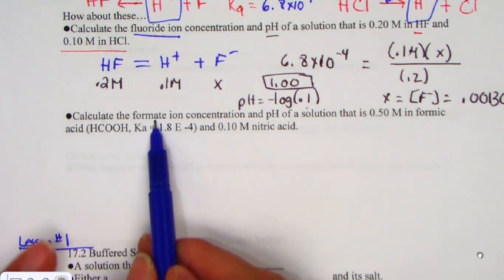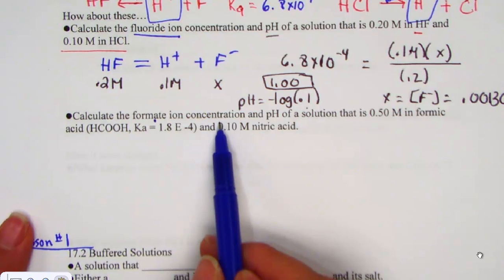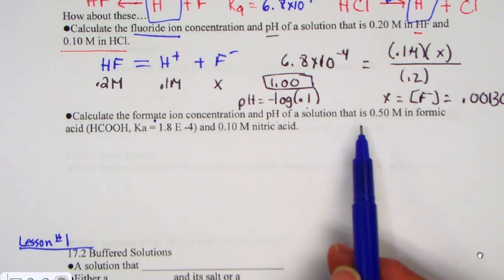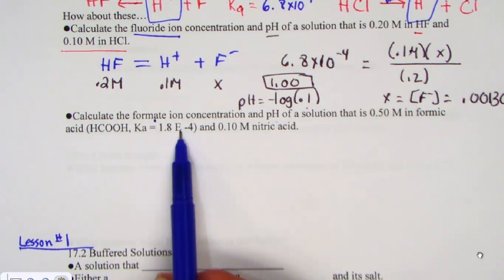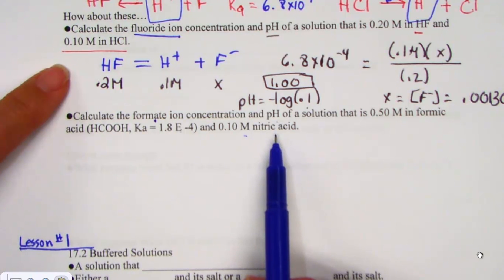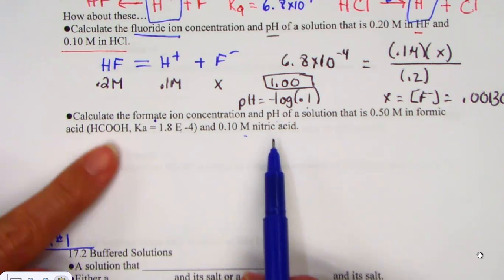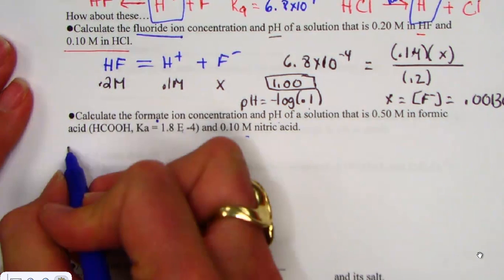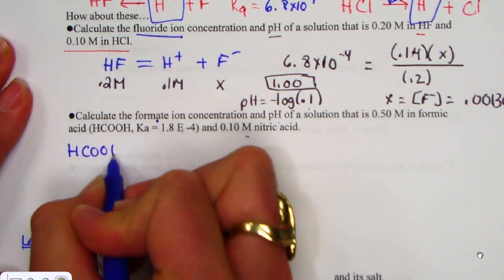We're going to calculate the formate ion and the pH of a solution that's 0.5 molar in formic acid, provided for us, Ka, and 0.1 molar nitric acid. This sounds very familiar to the previous example. We have a weak acid placed in with a strong acid. Of course, the weak acid sets up an equilibrium.